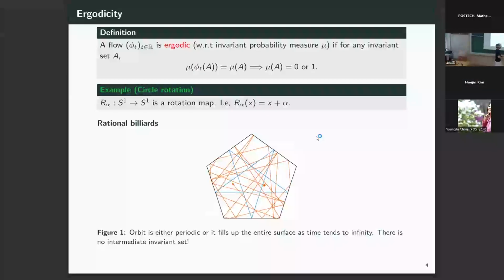You can just think that if you take the measure, then it is the same, but A and TA are not the same.